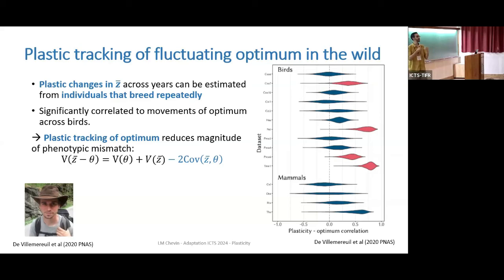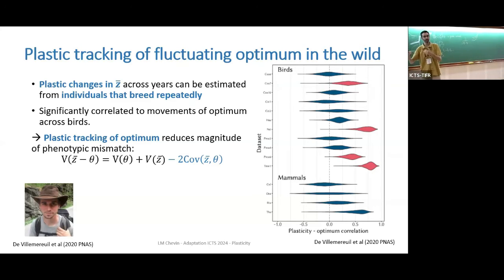It could be other reasons, such as senescence; older birds do reproduce later in the year. But we used the difference in breeding time between individuals reproducing in subsequent years, and we estimated its correlation with the movements of the optimum that we infer from the fitness-trait relationship.